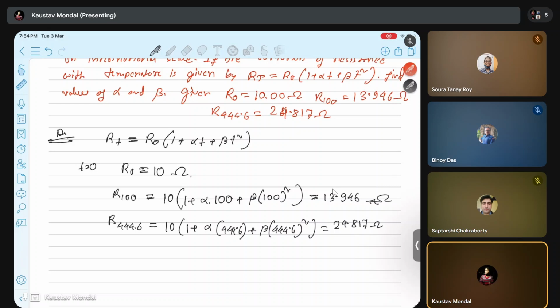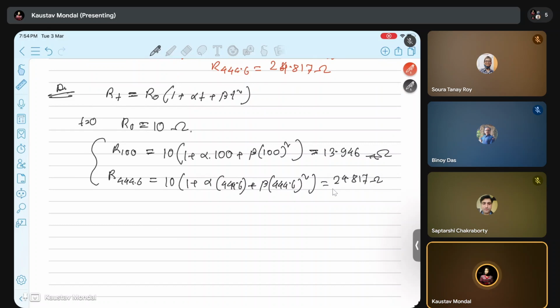Now, these are the two equations which have two unknowns, alpha and beta. So if you solve these two equations, we'll get the values of alpha and beta, right?